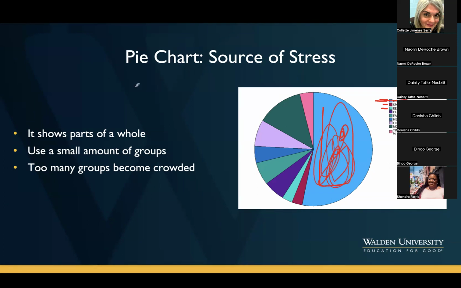It shows the parts of a whole and how much each part is taking up of the whole. But again, it's a graphical depiction. In other words, if you were looking at someone presenting data, they could spell all of this out in several paragraphs. Work was 65% of the responses.